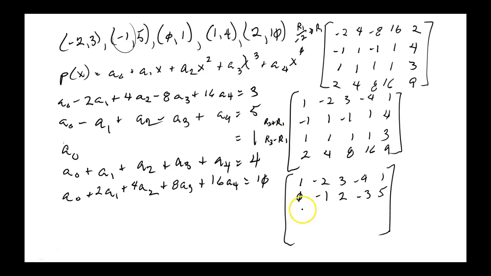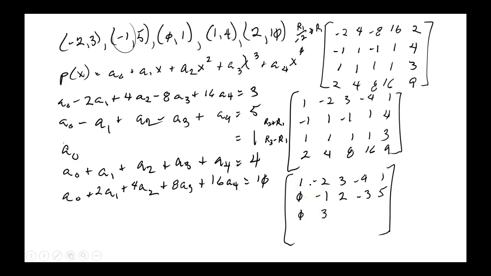Okay. So let's do it. 0. No. This one minus that. 1 minus a minus 2 is? Minus a minus 2 is plus 2. 1 plus 2 is? 3. Okay? Got it?